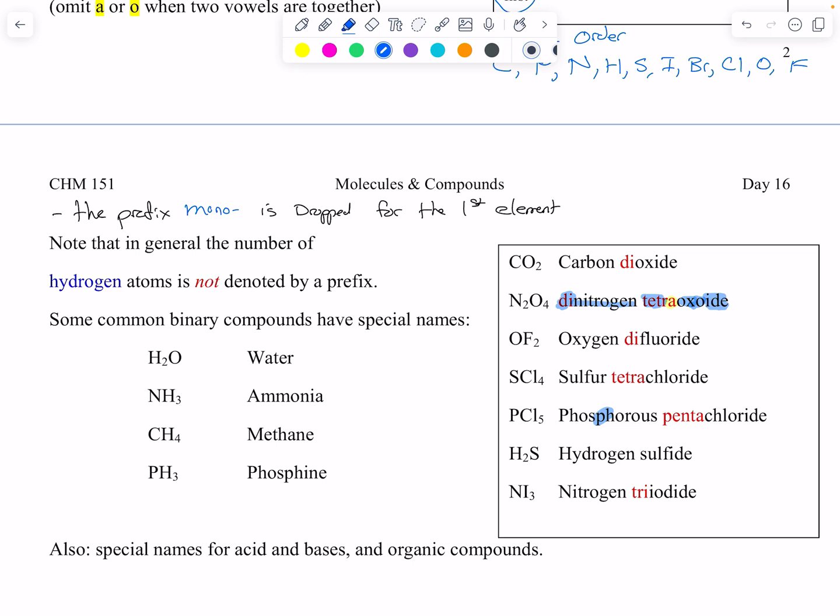All right, so we continue with these. You got oxygen difluoride, sulfur, 1 sulfur, tetra, 4 is tetrachloride, 1 phosphorus, so phosphorus, 5 penta, and then Cl is chloride. Now, hydrogen, here's 1. Hydrogen sulfide. You might say, well, there's no prefix there. You would be accurate.